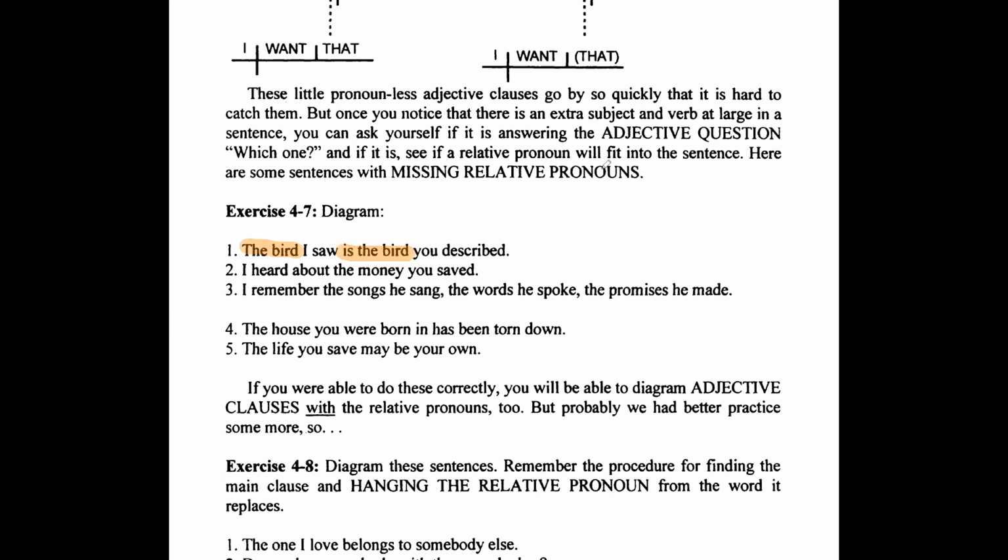The bird. Now we have two adjective clauses. The bird that I saw is the bird that you described, right? And the relative pronouns, the missing that's, would be direct objects. I saw that, you described that, right? So go ahead and do 2 through 5 on your own.